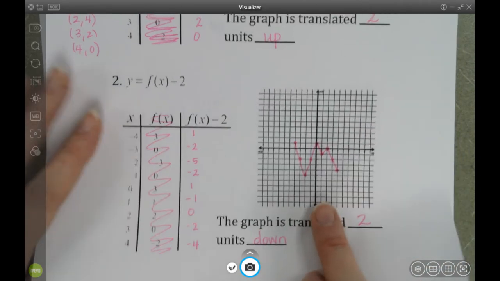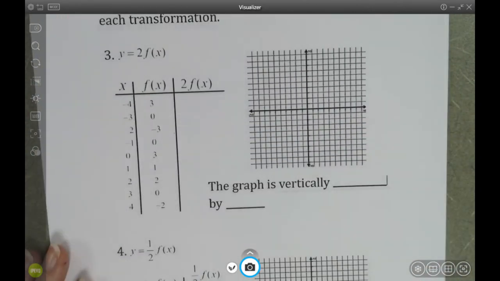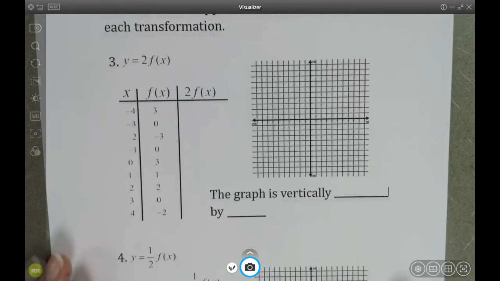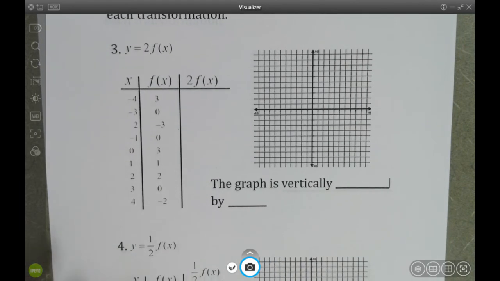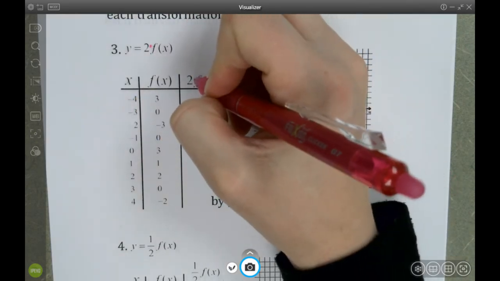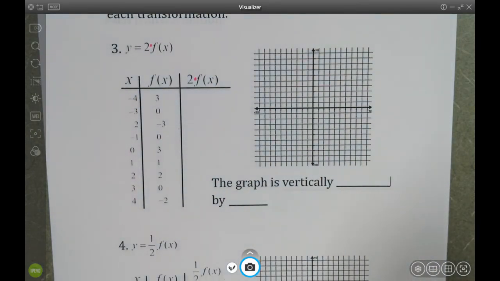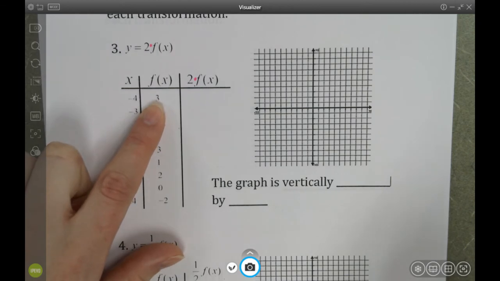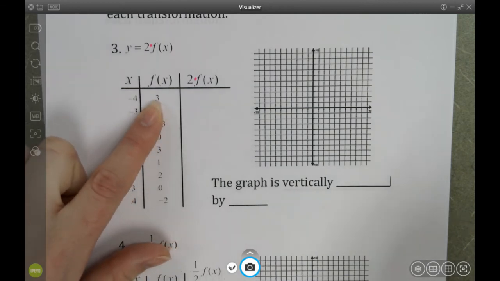All right, so let's look at this one. Number 3, y equals 2 times f of x. We know that it's times because when there's a number right next to a letter, that means multiplication, right? So now this time, instead of adding and subtracting from the y values, I'm going to multiply them by 2.